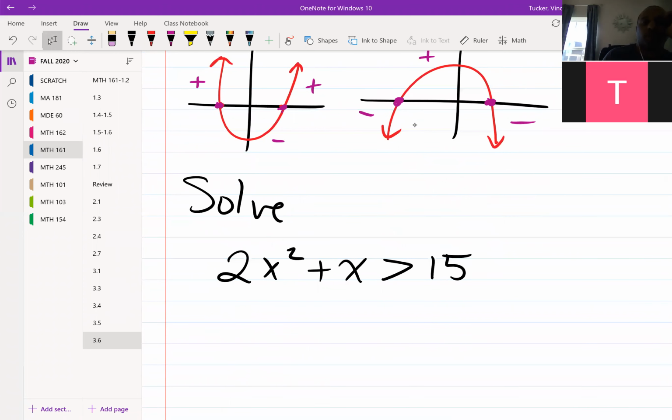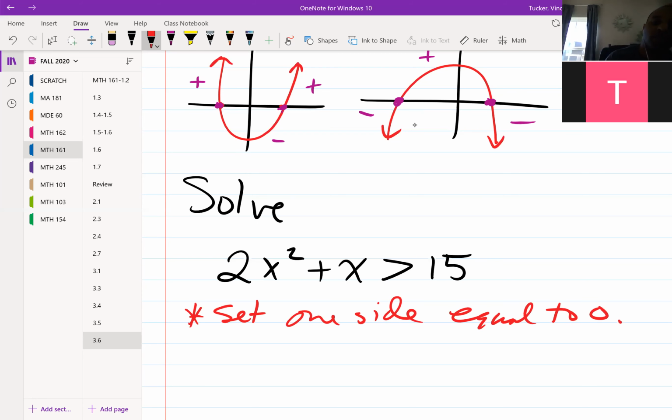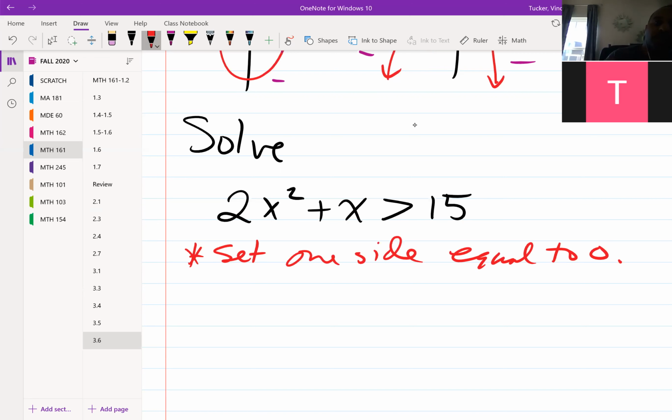Here we have 2x squared plus x is greater than 15. First thing you want to do, if it hasn't already been done, is set one side equal to 0. Notice we have this 15 over here.